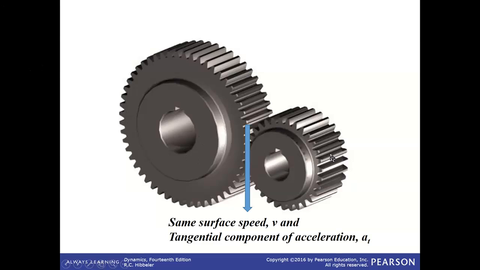So this is the special case of rigid body motion transmission, where for two gears to transmit the motion from pinion to gear, at the point of contact, both the gears must have the same surface speed v and same tangential component of the acceleration at. Again, I repeat, at the point of contact, both the gears must have the same velocity v and tangential component of the acceleration at. Because if that is not the case, then gears cannot transmit the motion from driver to driven.